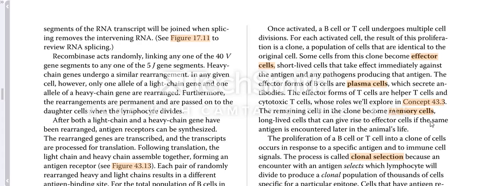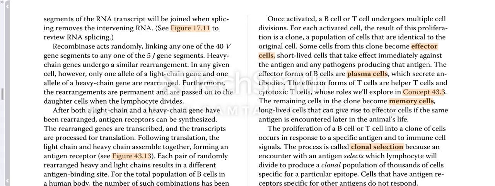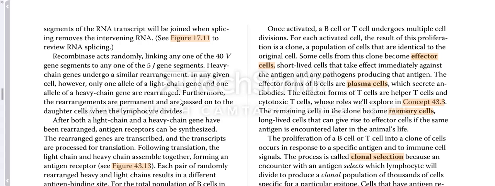This part just talks about how recombinase acts randomly, so it's up to chance whatever combination ends up in the antibody. It goes on to talk about how after the light chain gene and the heavy chain gene are rearranged, we can go on to synthesis of the receptor.